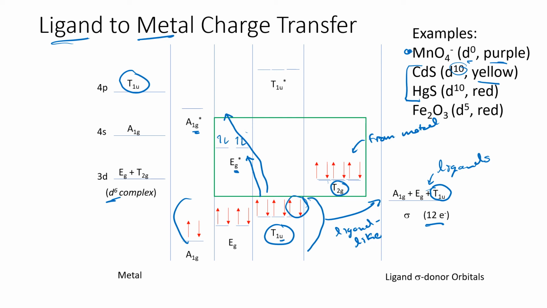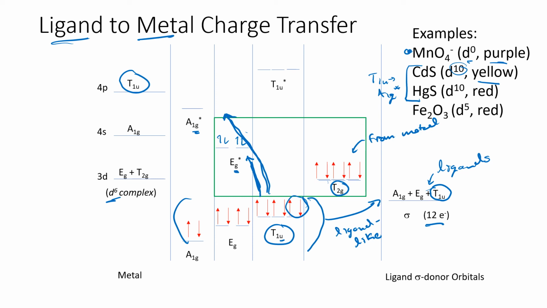And so in this case, this arrow right here is impossible because it's going to a filled orbital, but the first allowed orbital transition is here to this A1G, and that one is allowed. So these would be T1U to A1G star, okay? The star here is just to help us see that that's an antibonding orbital of that set.